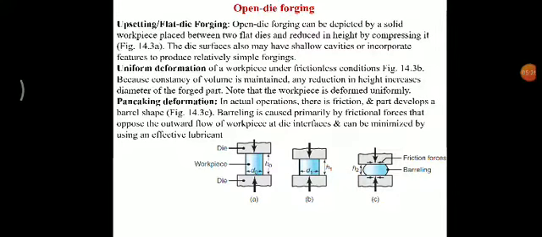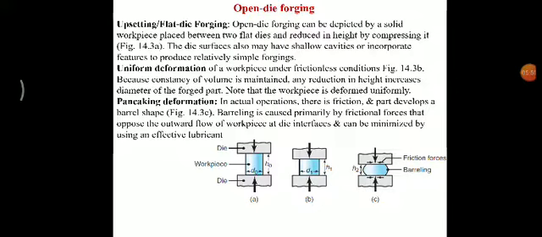If you see figures A, B and C, they show a process in which we can perform upsetting or flat die forging. The name itself suggests that the dies we are using are flat in nature, and the alternate name is upsetting die forging. Just remember this name, you must be familiar with this terminology when you go through the problems.